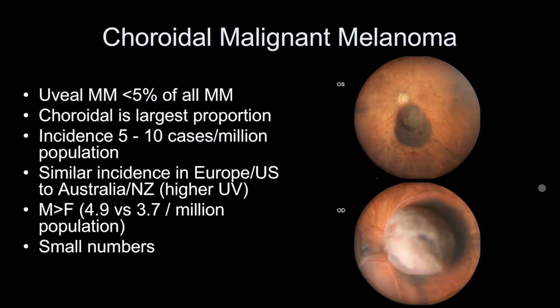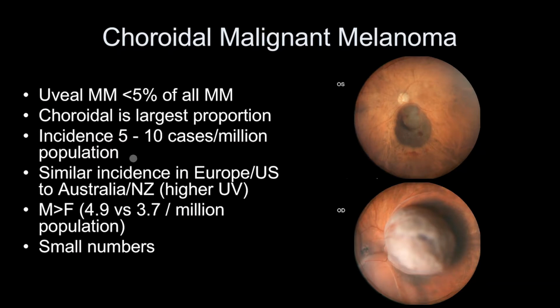So melanomas can look like this. They can be pigmented, they can be pale. Uveal melanoma comprises less than 5% of all melanomas. The rest are cutaneous in the large majority. And out of the eye melanomas, choroidal is the largest proportion.